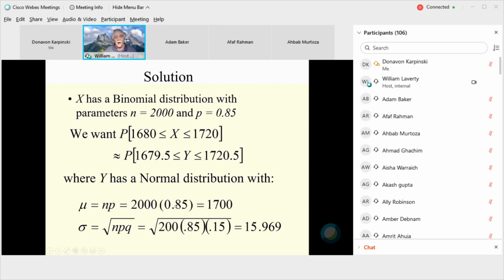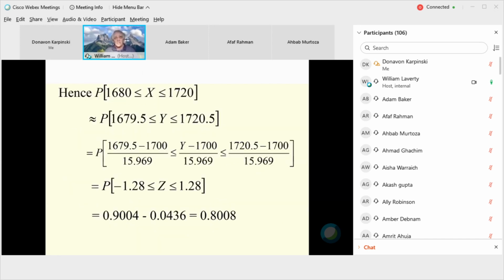Sigma of Y is 15.969. So using the normal approximation, the limits become, under the standard normal curve, minus 1.28 to 1.28. You'd have to then look up the area below 1.28 and the area below minus 1.28, and the area between would be the difference.